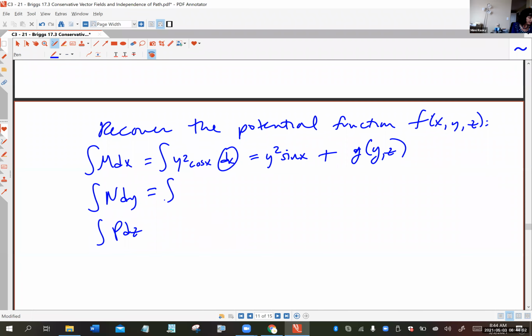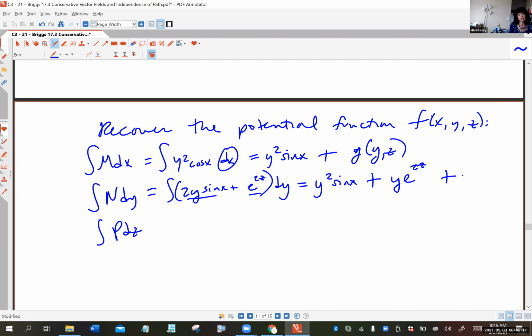And then N dy, so we're going to integrate 2y sine x plus e to the 2z power with respect to y. So the 2y sine x with respect to y is y squared sine x. The antiderivative of e to the 2z with respect to y is y e to the 2z, plus extra junk.